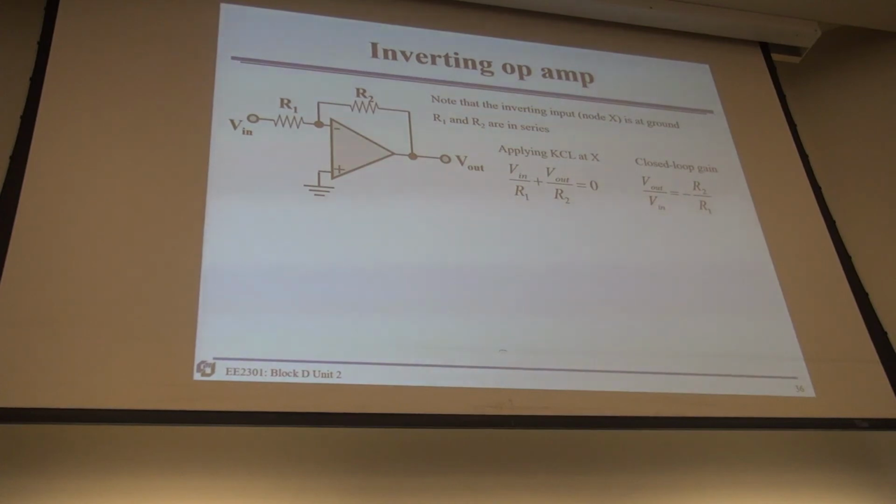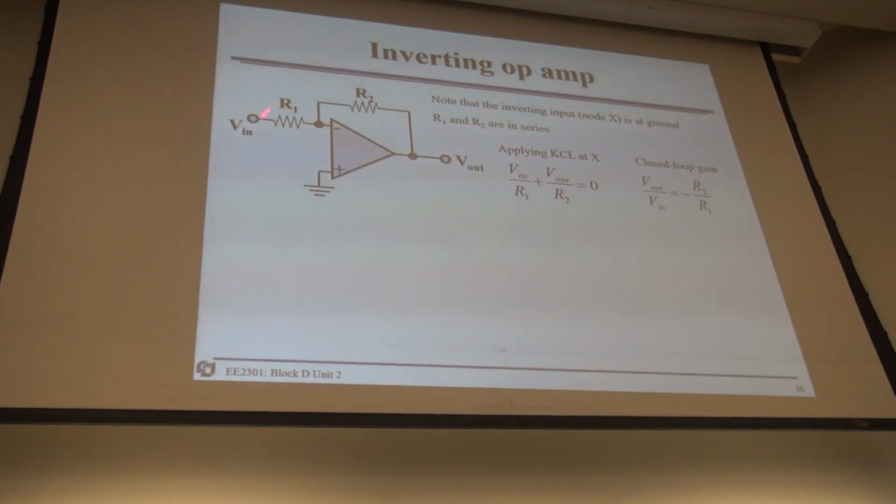So in this sense, we talk about KCL, the current. Because we don't have anything flowing inside this, anything flowing here also goes there. So KCL gives V in divided by R1, plus V out divided by R2, should be 0.